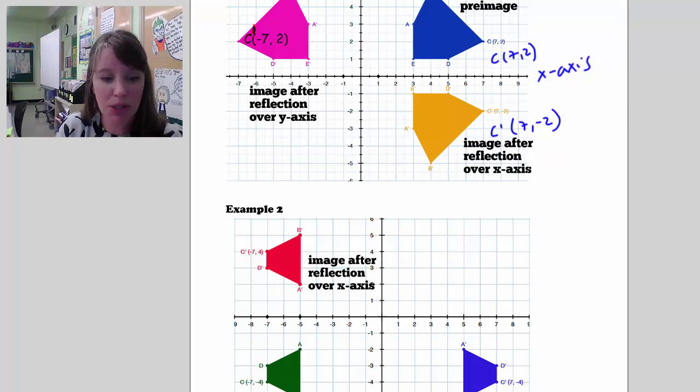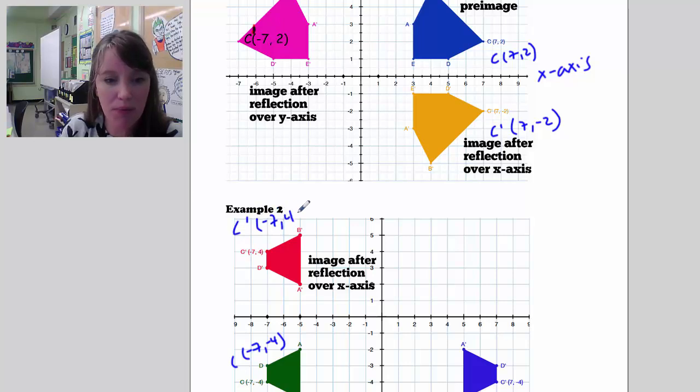Let's say the pre-image is in quadrant 3, where both the x and y coordinates are negative, so C begins at negative 7, negative 4. If you reflect it over the x-axis, C prime becomes negative 7, comma 4.